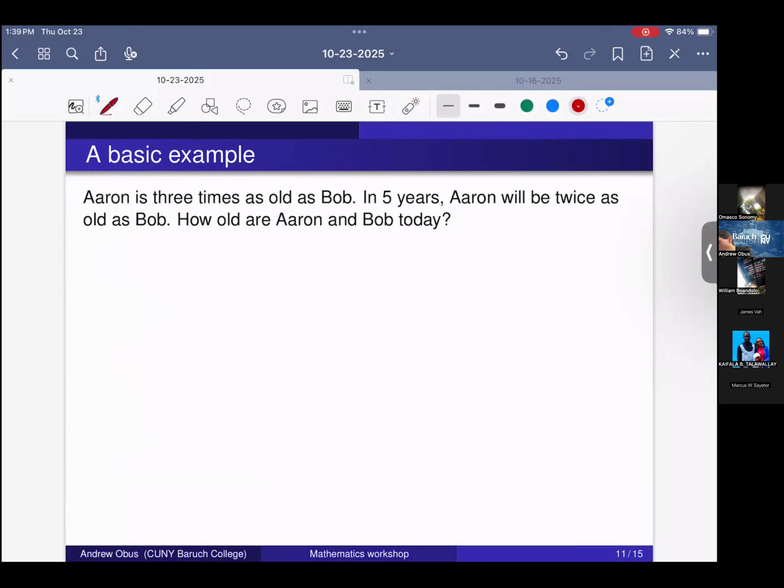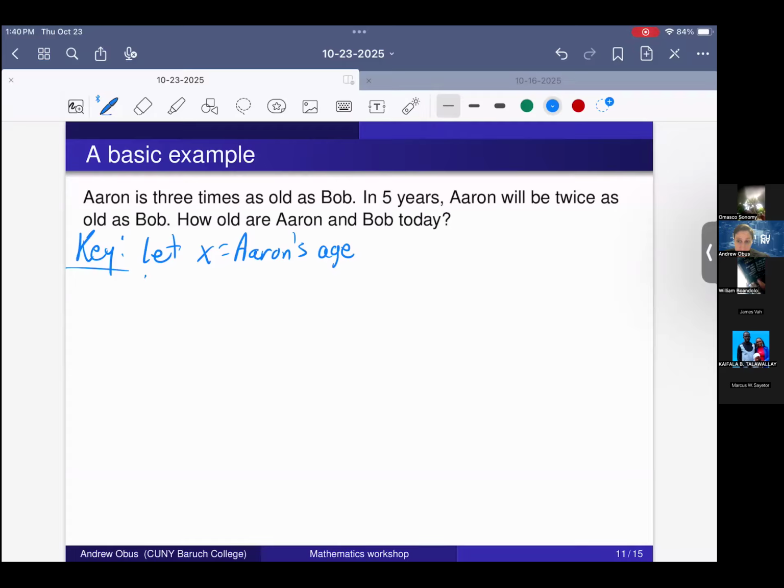Okay, so I'm going to do this very carefully. I'm going to start with the key for KESCA. Usually what you want to do is take a letter. So I can say, let x equal Aaron's age. And now we have two choices for the key. I could just say let y be Bob's age.